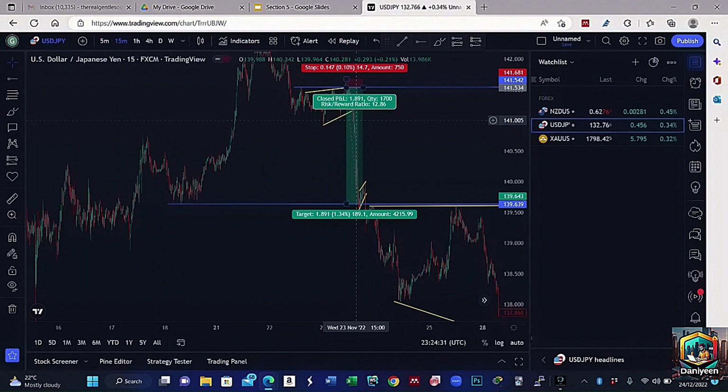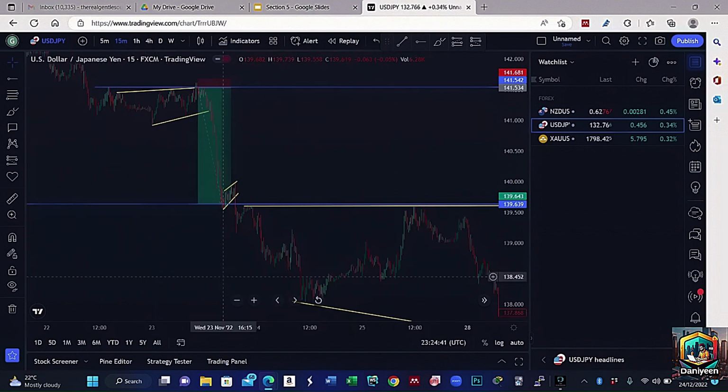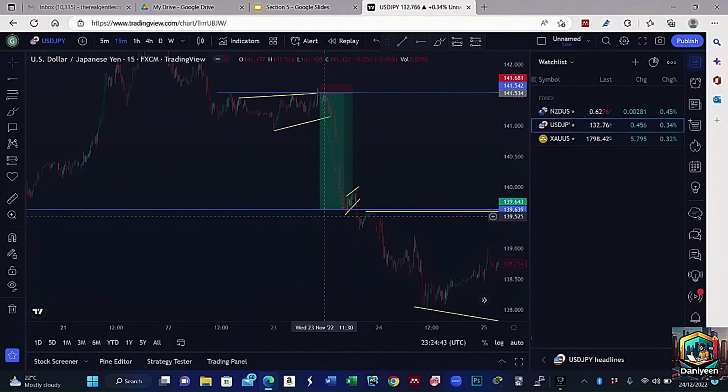So you can see how simple this is and how much you can make with this simple strategy. So let us move to the next example. You can see that even after price reached the take profit two, there's another correction here that you can catch. So let us enter the trade.